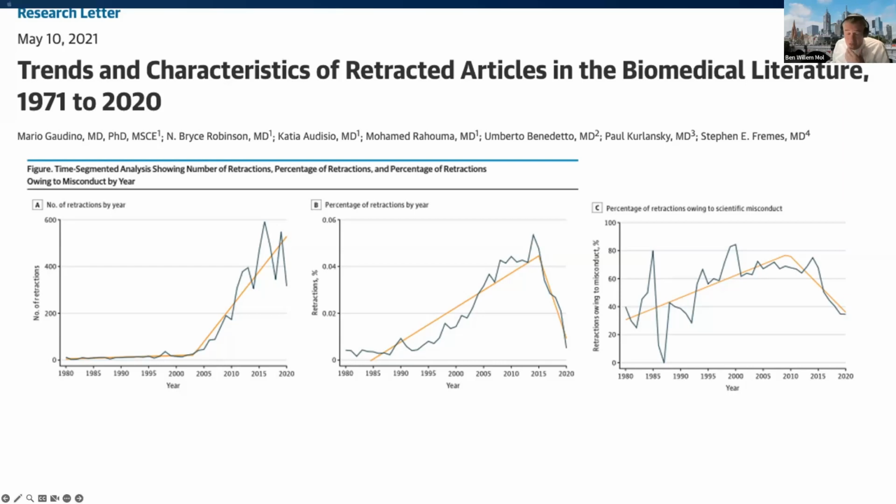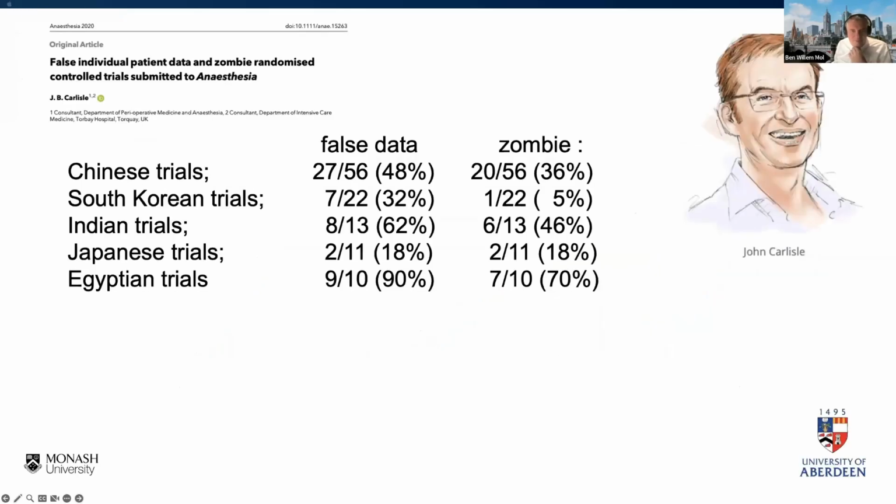And there is, I must say, a reluctance among editors and specifically publishers to retract papers. So this is not a good measure. This shows that the number of retracted papers is 1 in 1,000 or even lower. Better estimates come from other sources.